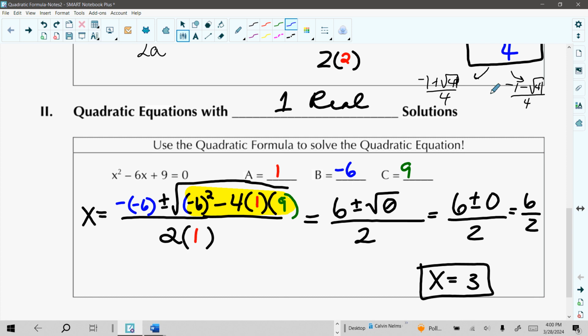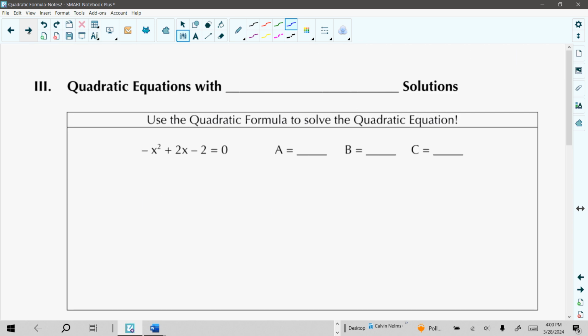One was positive, one was negative on the previous example. So besides having one real solution, the other type of possibility, we go to the back here, is you can have what we call two imaginary solutions.